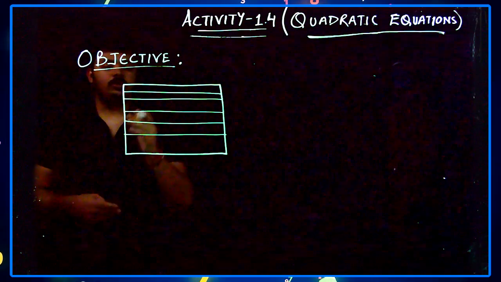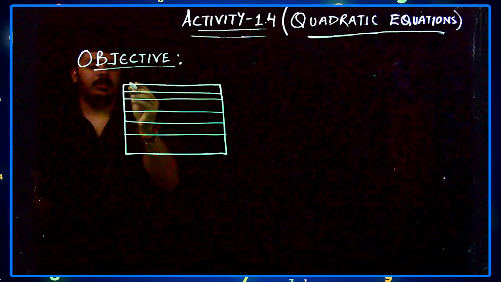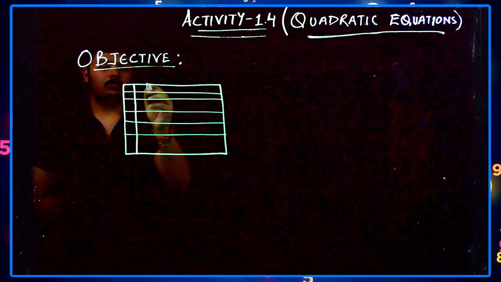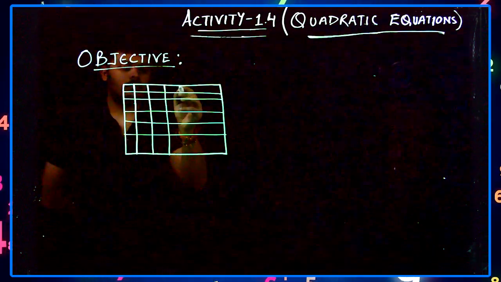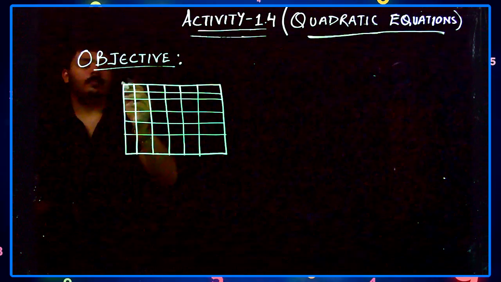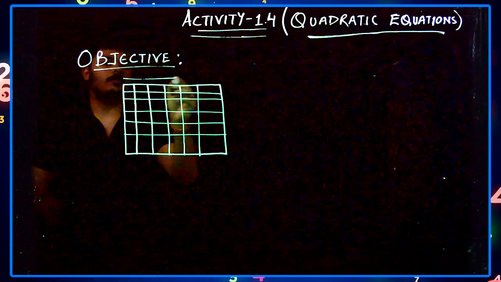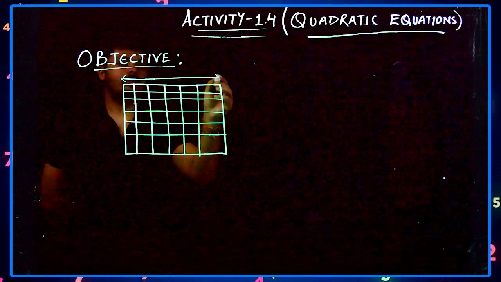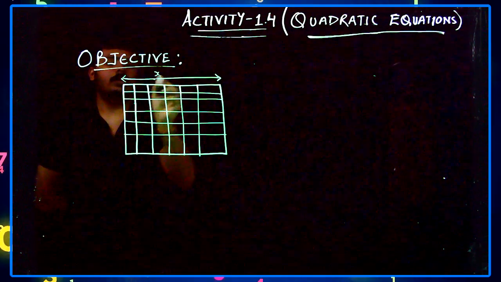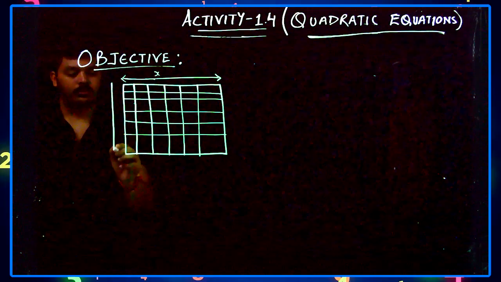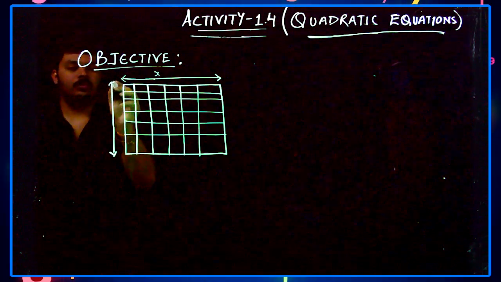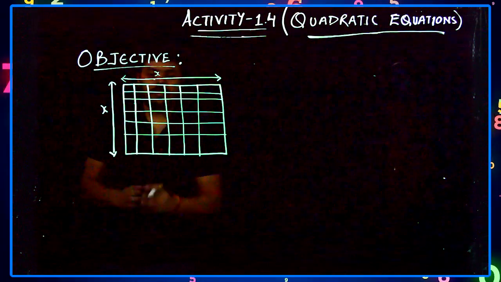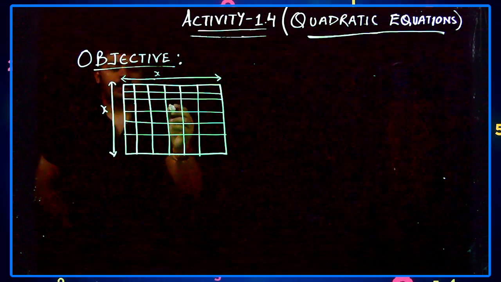So now let's draw a square grid of dimension 6 by 6. This length is x, and this length is also x. So this is a square grid representing x square.